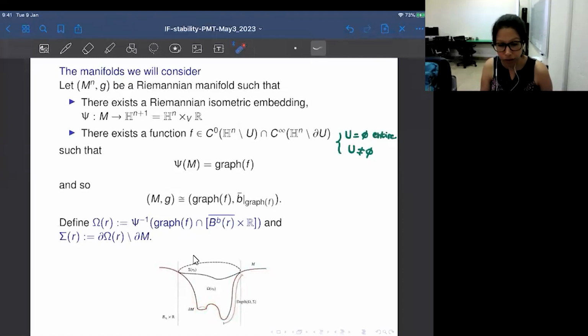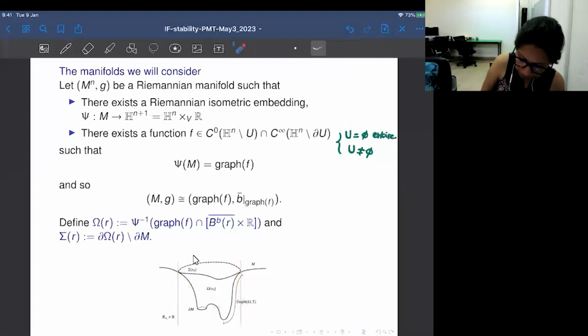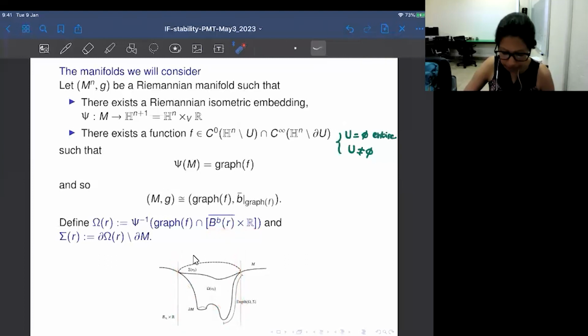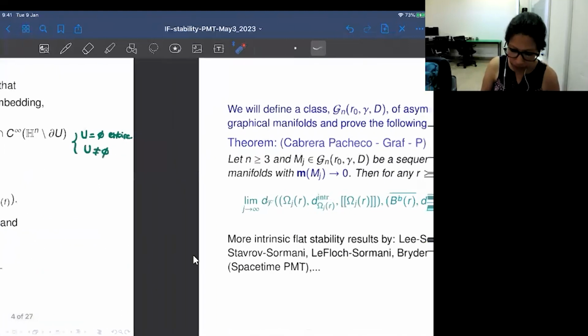And what we are going to do actually, instead of proving that the whole sequence of manifolds M converges to the hyperbolic space, we are going to study these smaller regions of our manifold. So this small region is basically: take your manifold and intersect it with the cylinder B_R times R. So I'm intersecting our manifold with this infinite cylinder, and I get this region. Okay, so what we are going to do is the following.